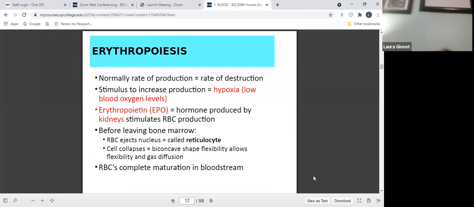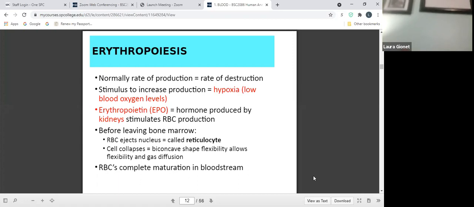Erythropoiesis is the production of red blood cells. Normally, you produce as many red blood cells as are dying off, so production equals the rate of destruction. Normally about 1.5% of your red blood cells are worn out and removed from circulation.